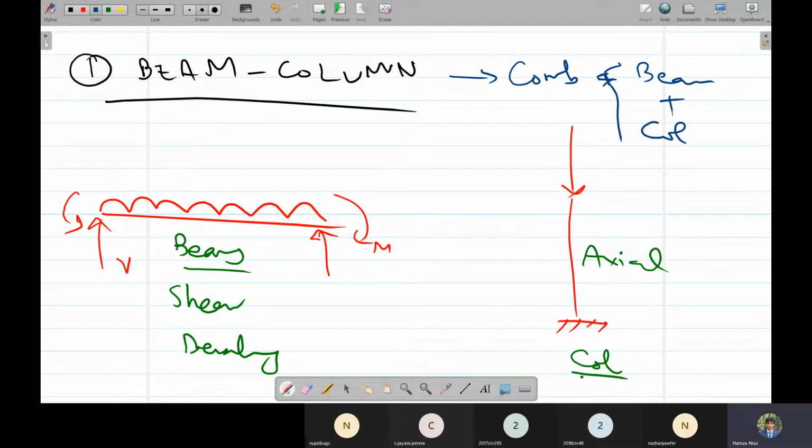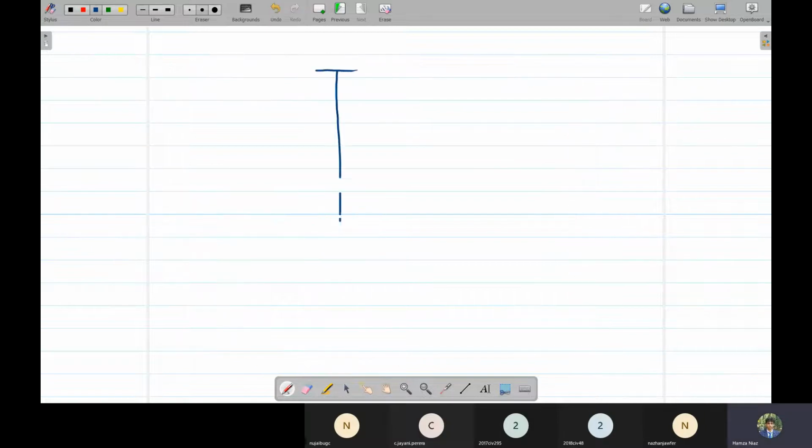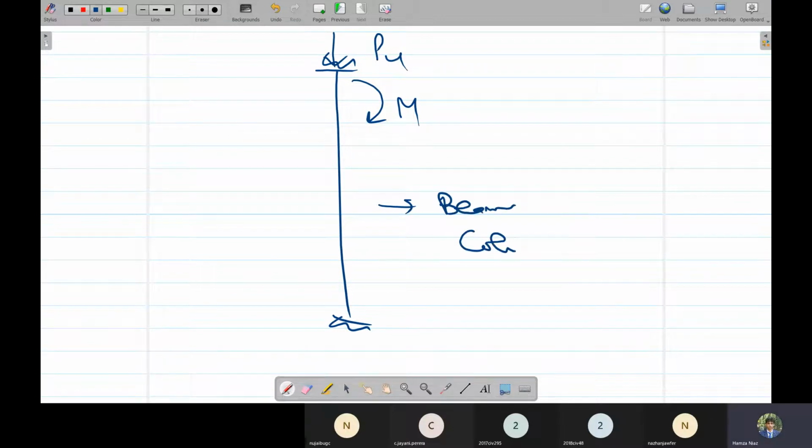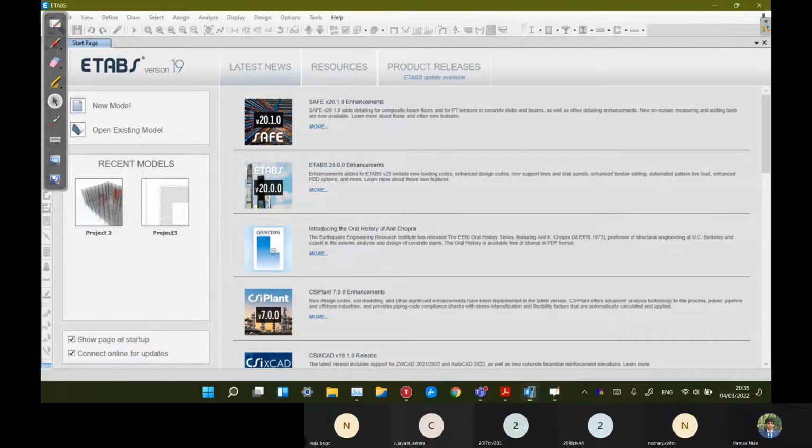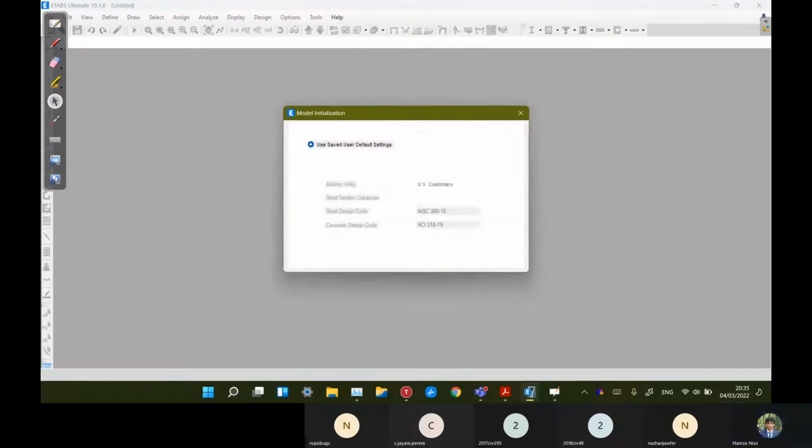If we have a column that is subjected to both axial loads as well as bending moment or shear force, if there are both axial stresses present in it as well as bending stresses, that structural member we call a beam column.